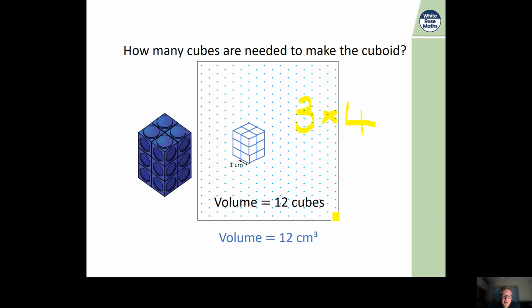So if the cubes themselves are 1 centimetre, that would be 1 centimetre, and so would that, and that, and that one. So the whole dimensions are all 1 centimetre, and it becomes a 1 centimetre cube.